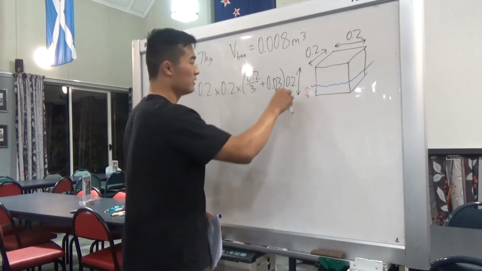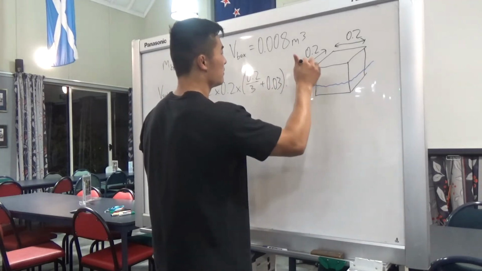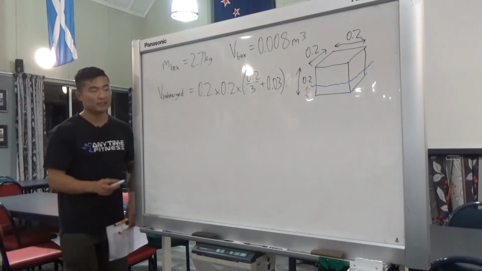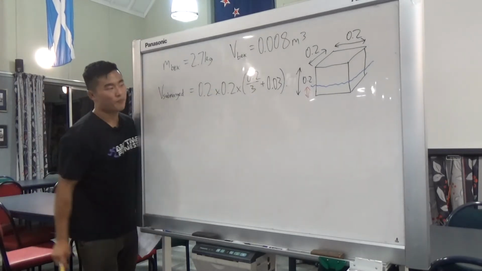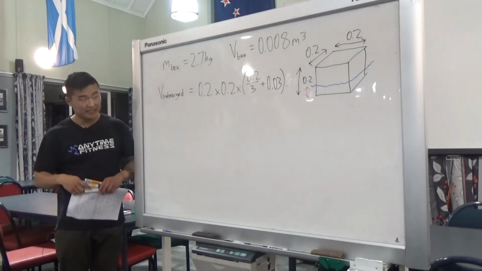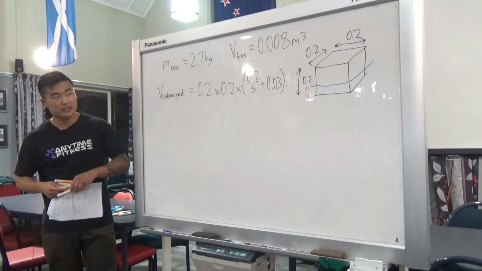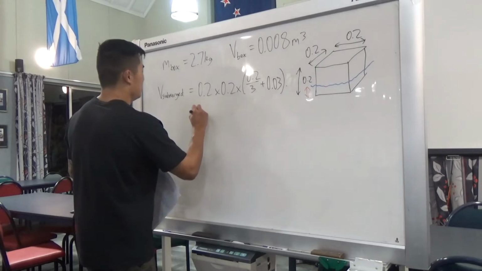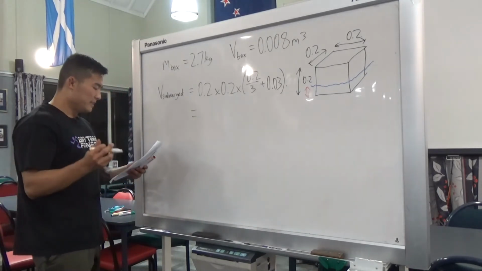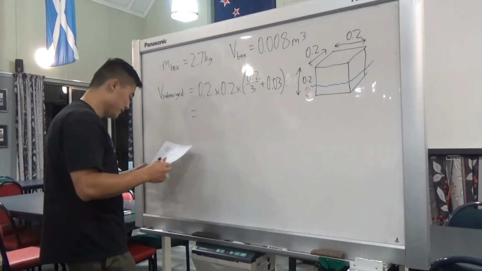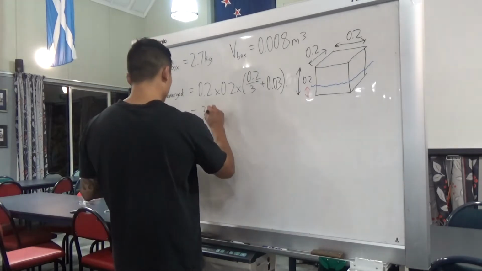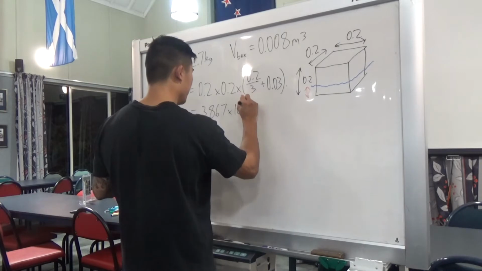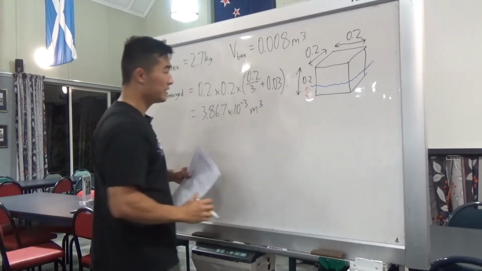Okay? So that's the height that's now underwater. Okay? And if you do that, the volume that's now underwater is going to be 3.867 times 10 to the negative 3 meters cubed.